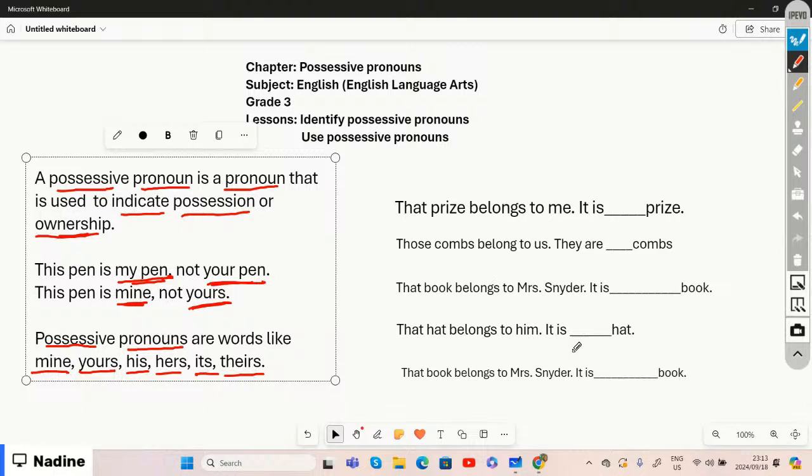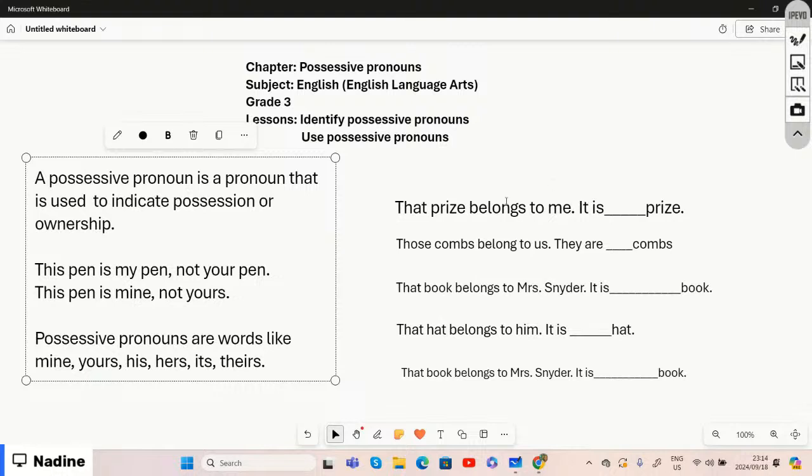And we are going to identify possessive pronouns, or we're going to use possessive pronouns with these five sentences that we see over here. The first one says, that prize belongs to me.